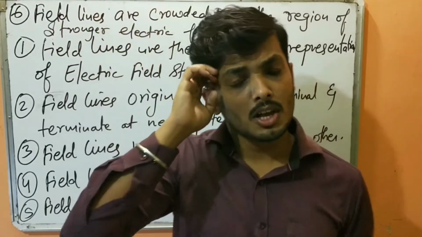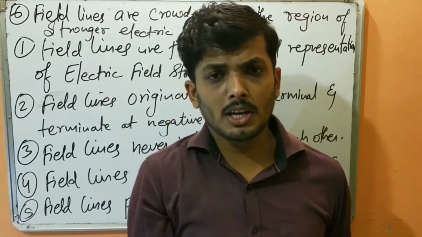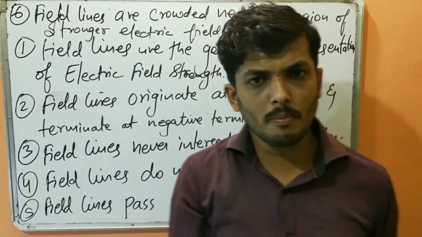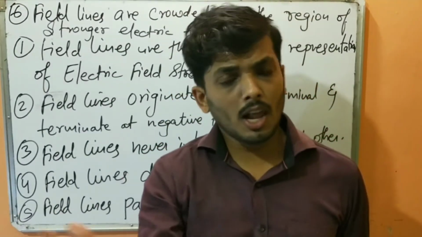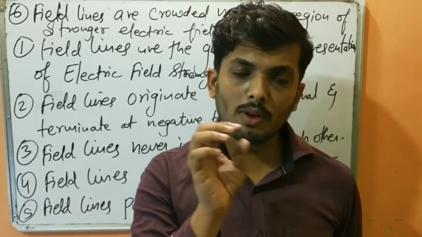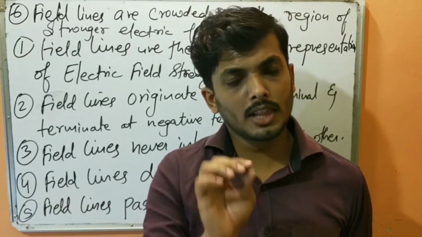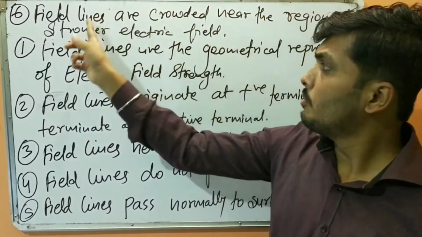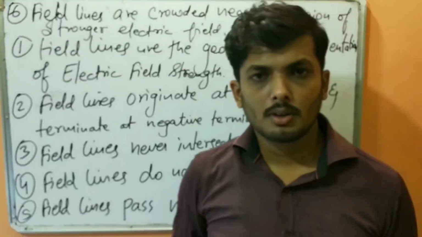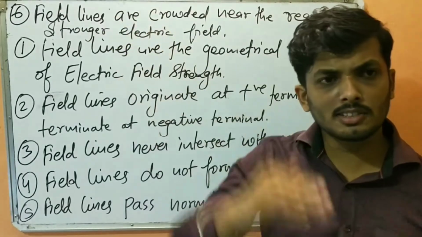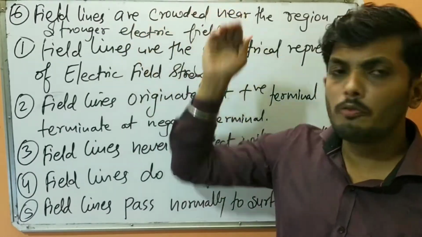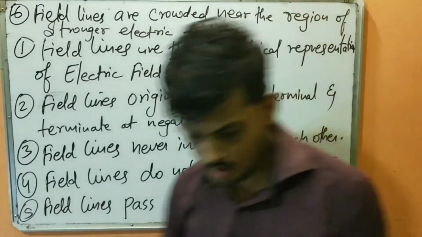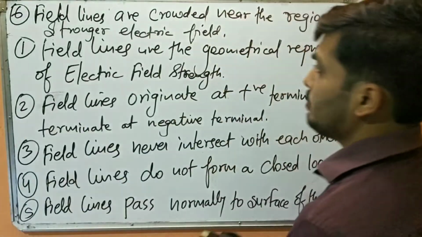What they are telling is, wherever the charge has a large magnitude, it will have a larger space around it. As a result, it will have strong electric field lines, and the electric field lines will be much more crowded where the electric field is stronger, and less crowded where we have a weaker electric field. Okay.